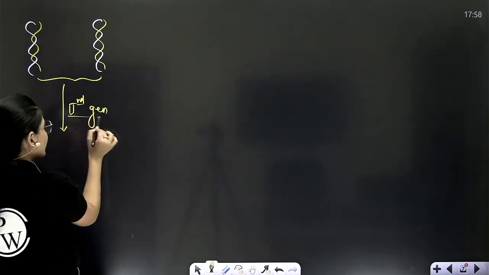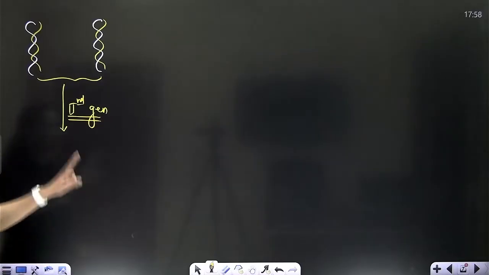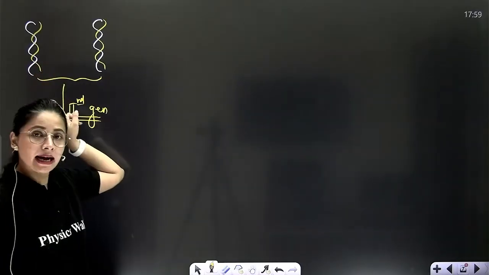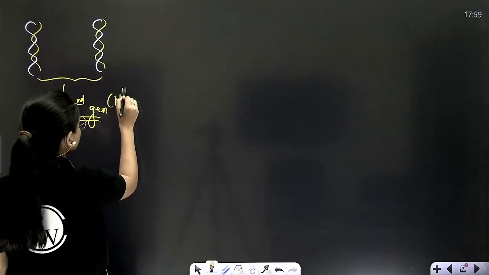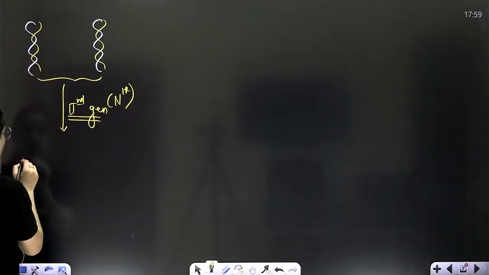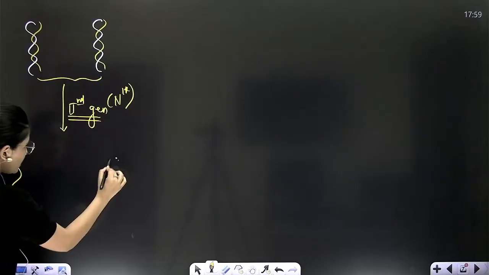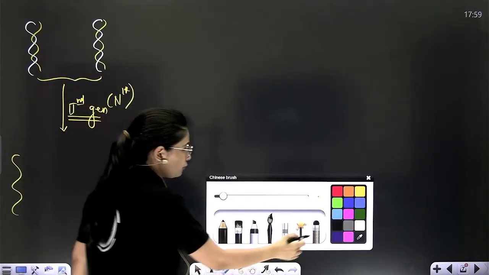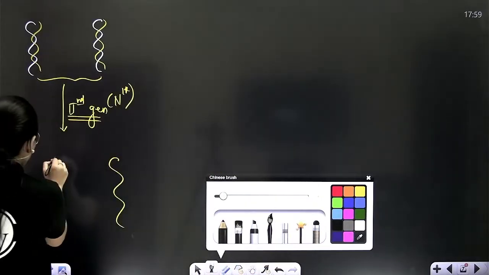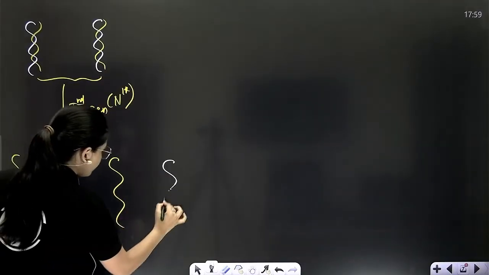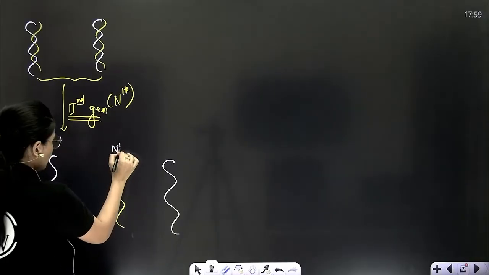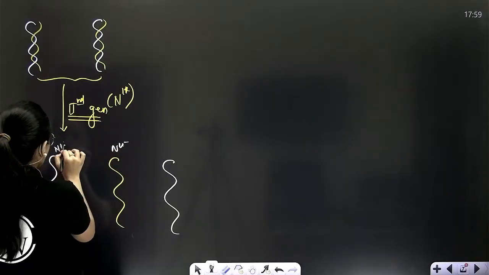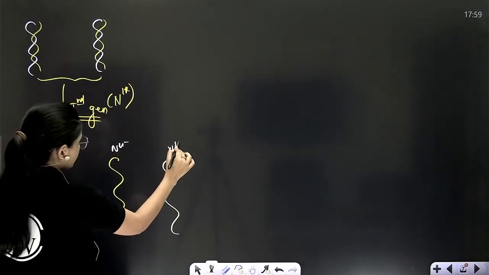Again, if DNA is replicating semi-conservatively, then both the strands will become parent, and the medium is still light. So first of all, both the parental strands will separate from each other. Now in total there will be 4 parental strands, 2 heavy and 2 light. Correct? N15, N15, N14, N14.